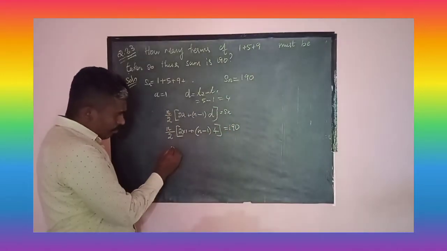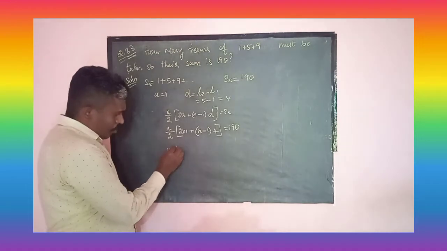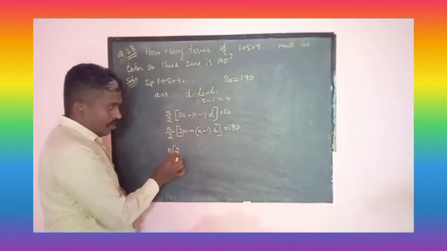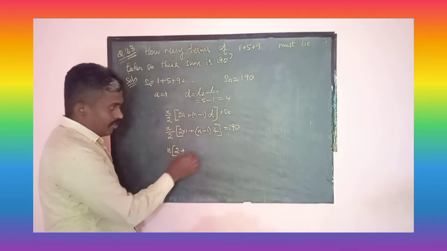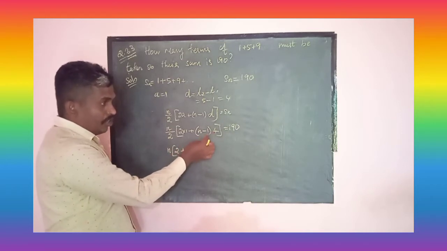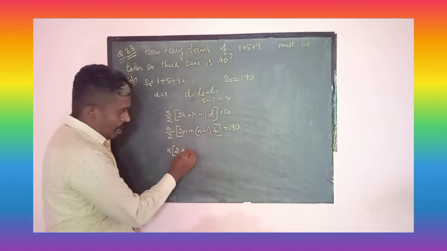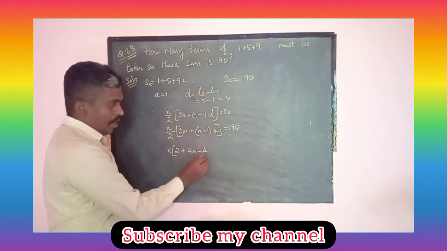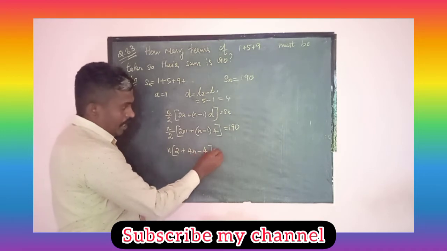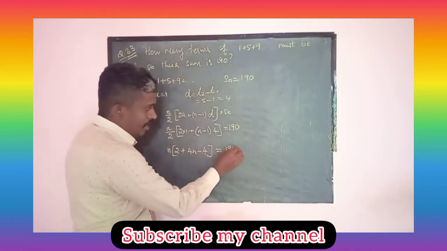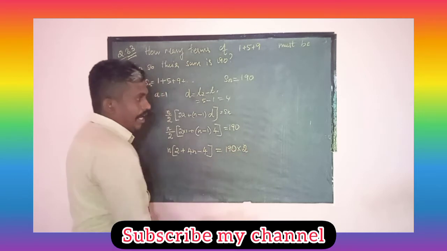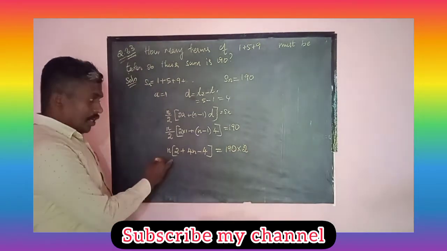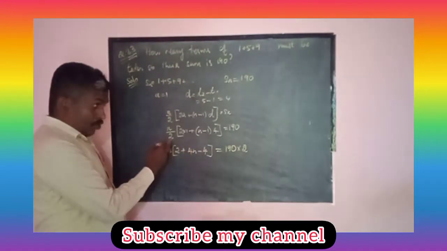Next, n into 2 times 1 is 2, plus 4 is common for these two values: 4 times n is 4n minus 4. So 4n minus 4 plus 2 is equal to 190 into 2.